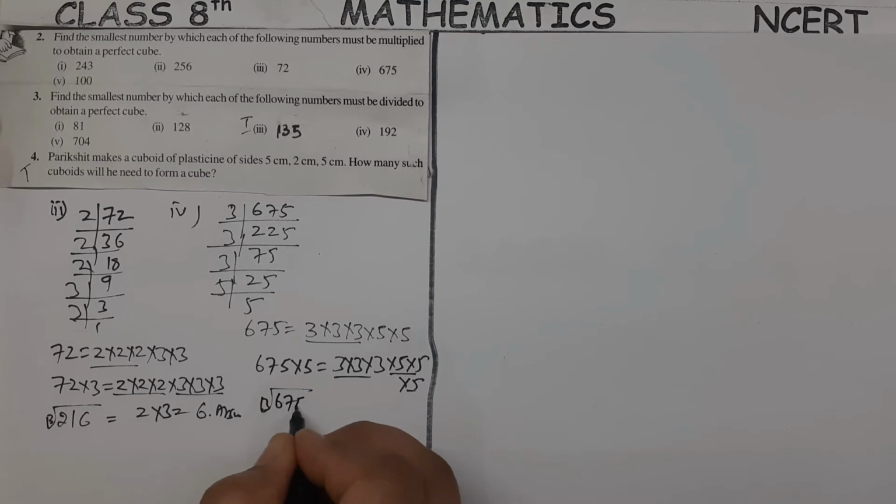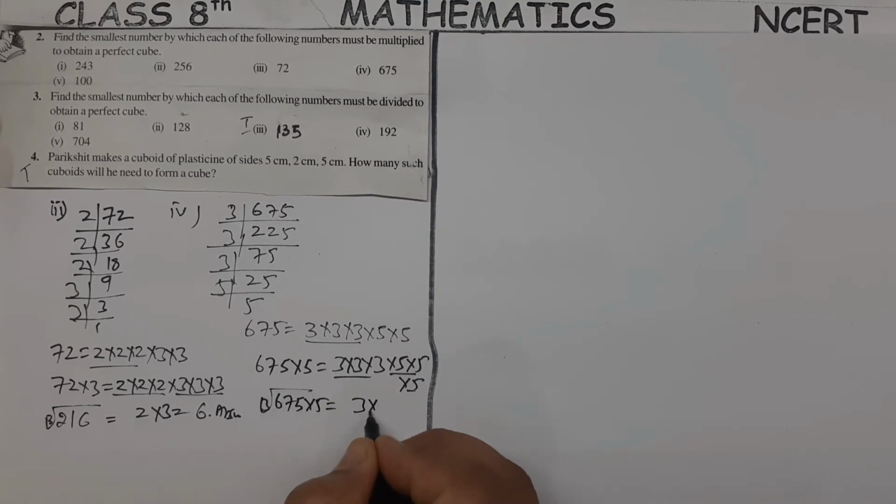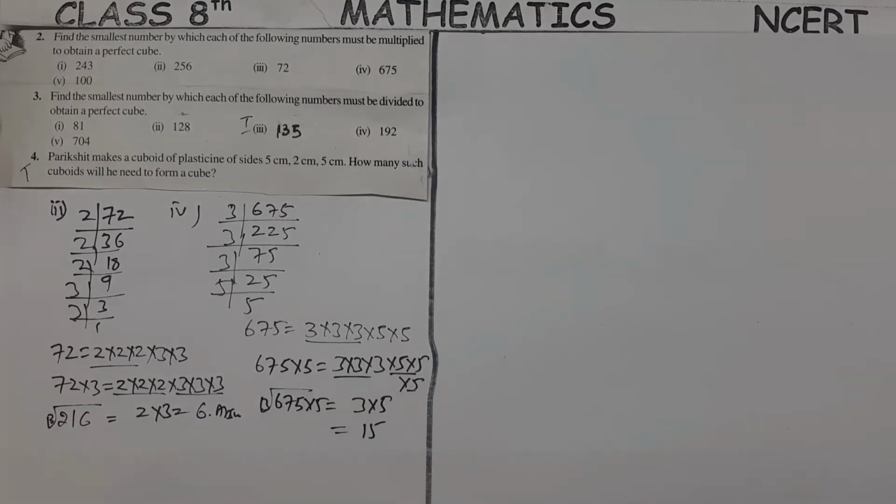Hence, the cube root of this number is 15. Multiply: 3375. Its cube root is 15. Answer.